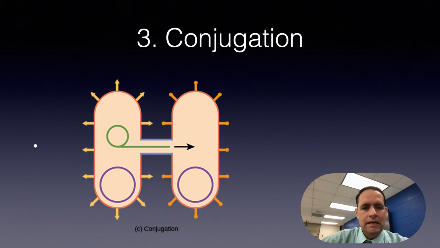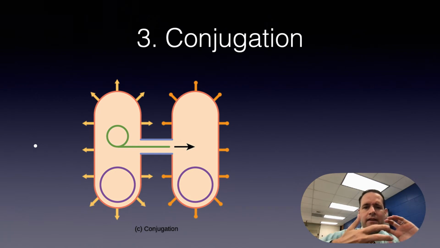Number three, conjugation. In conjugation, DNA is transferred from one prokaryote to another by means of a pilus, which brings the organisms into contact with one another and provides a channel for transfer of DNA. Pili, remember, are those hair-like little features on the outside of bacteria that allow them to aggregate and come together and recognize each other and stick to each other or other surfaces, okay?